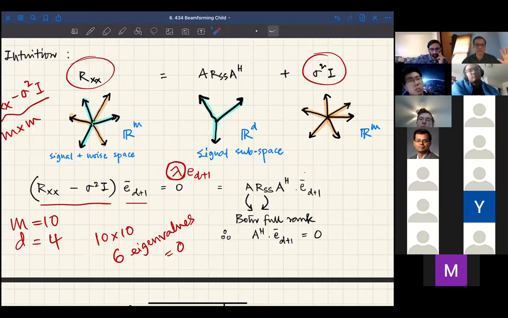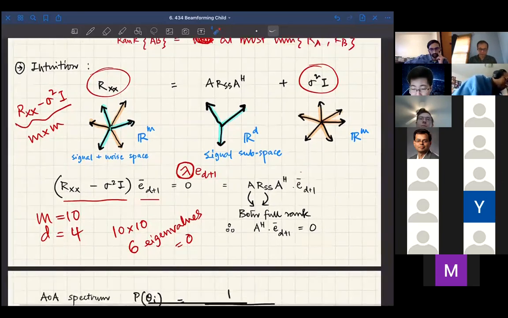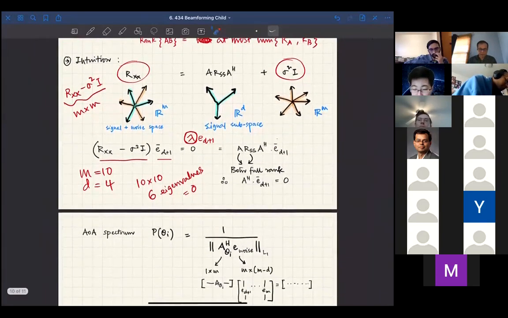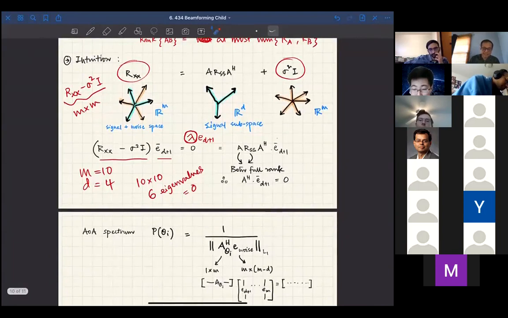Okay, I know this is difficult, but here is how to bring it together. We are saying that if I take the eigen decomposition of the correlation matrix that we have received, Y, we can get its autocorrelation matrix.